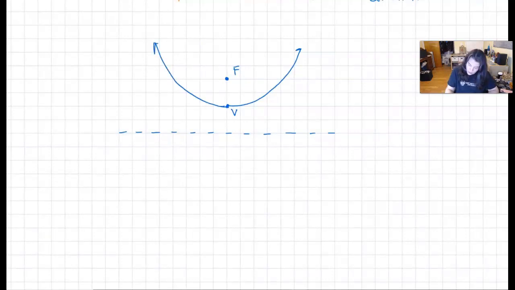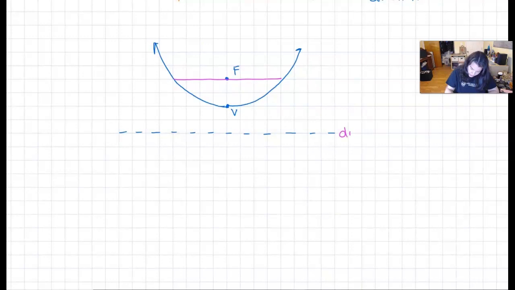So the latus rectum is a line segment parallel to the directrix that goes through the focus, and its endpoints are on the parabola. Whoa, that's a lot. It's not that bad. It's this line right here. It's parallel to the directrix.